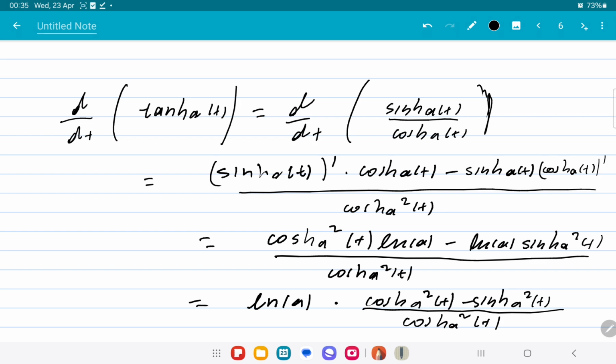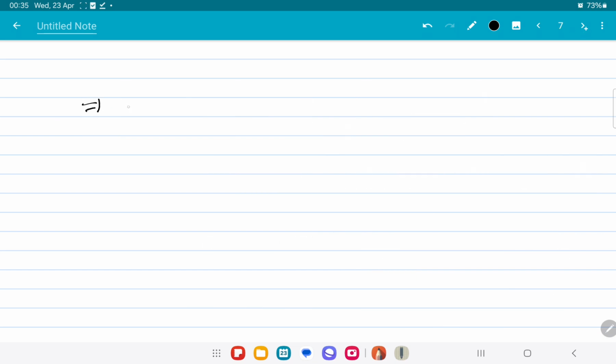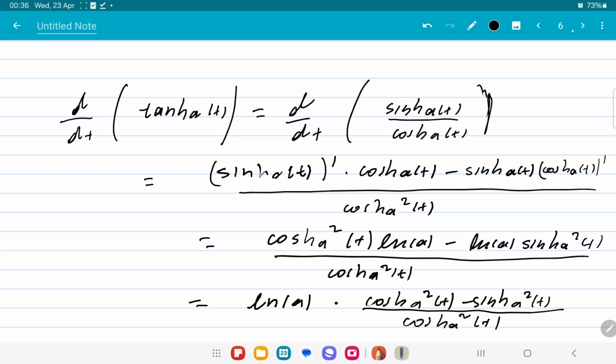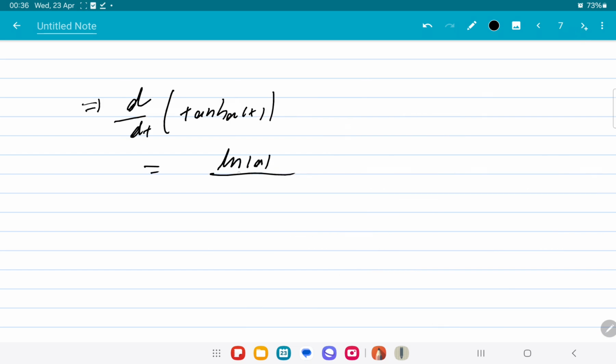That's going to give me, the numerator is going to be 1. So the derivative of tan hyperbolic a t is going to be ln a over cos hyperbolic squared of a t.